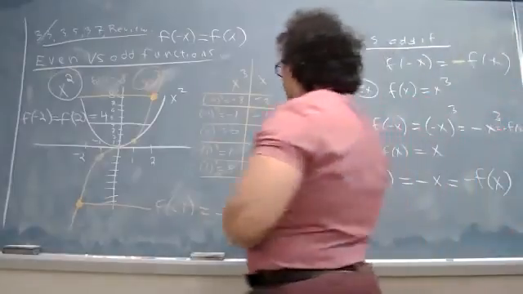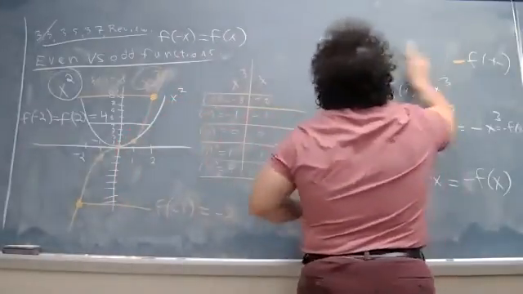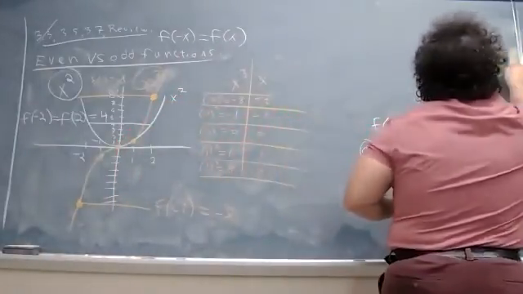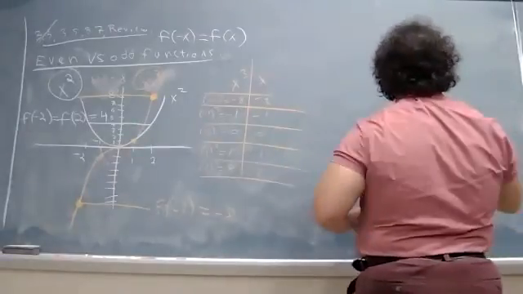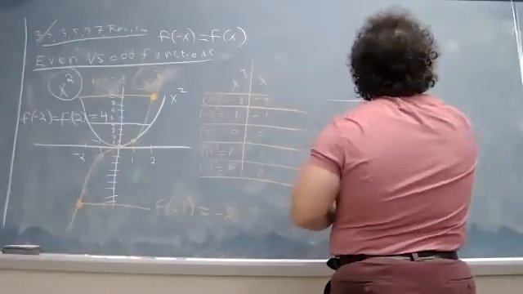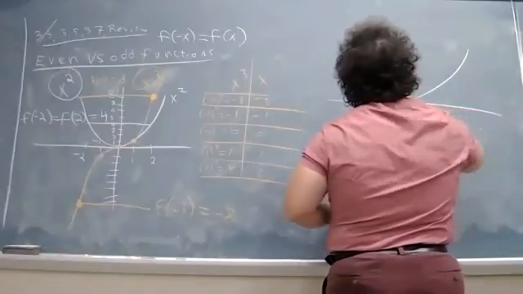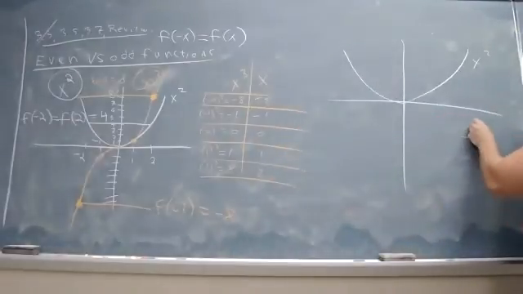So it begs the question, what does multiplying a negative number times something do? Well, it flips it like someone guessed earlier. Let's say you have x squared. What does negative x squared look like?